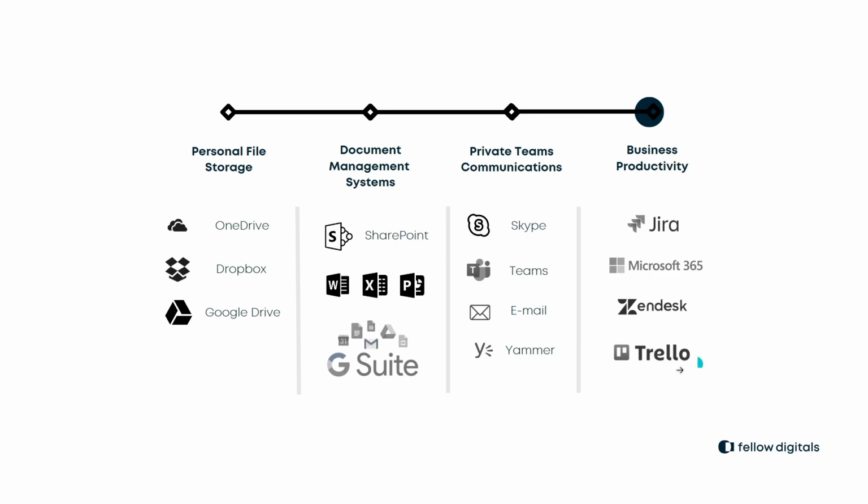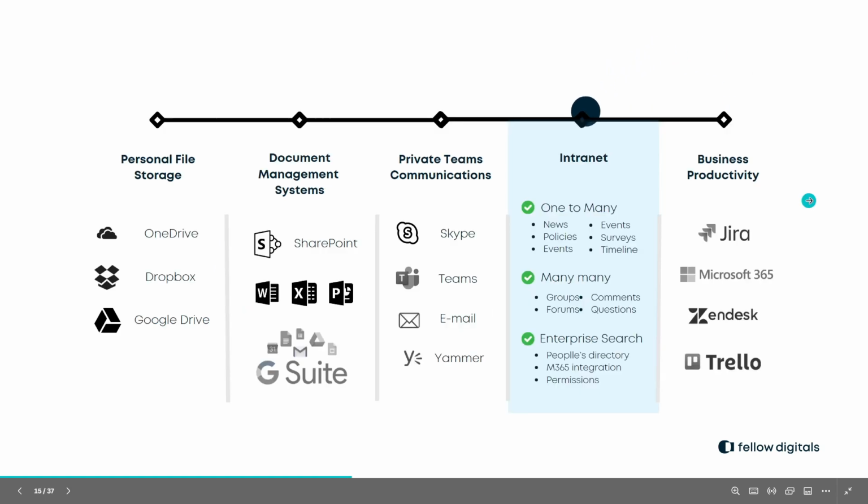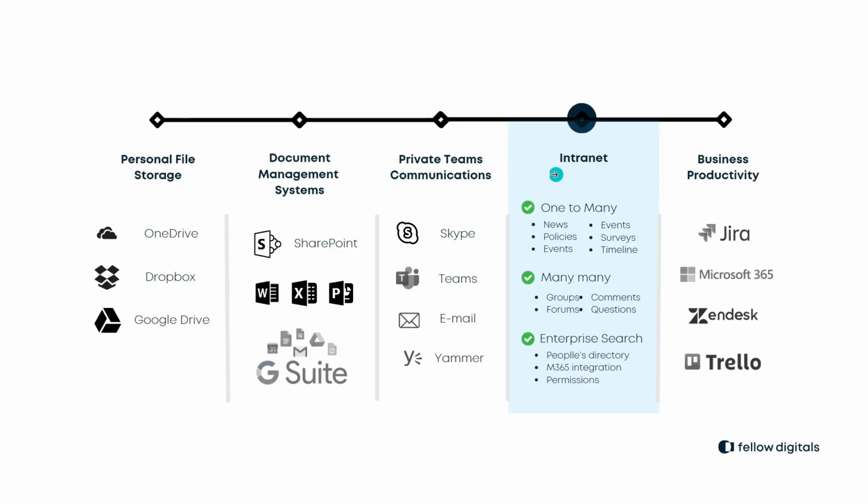Now, once you have this map of tools and their purposes, it's time to add a new column labeled Intranet. And here you will have to outline the core functions of your intranet. Normally this is, for example, one-to-many comms, sharing news, sharing company-wide announcements, enabling employees to find what they need with an enterprise search, for example, and providing onboarding and compliance resources.